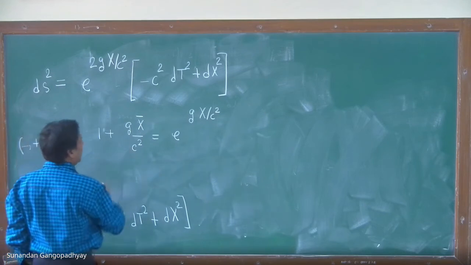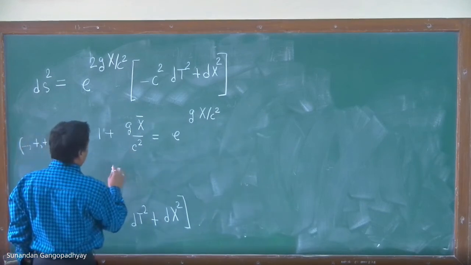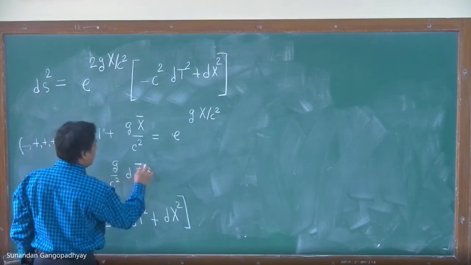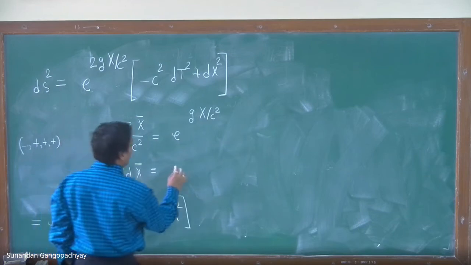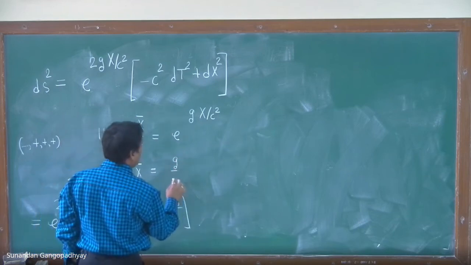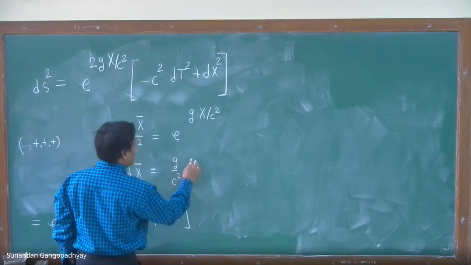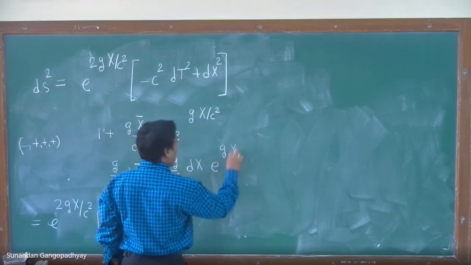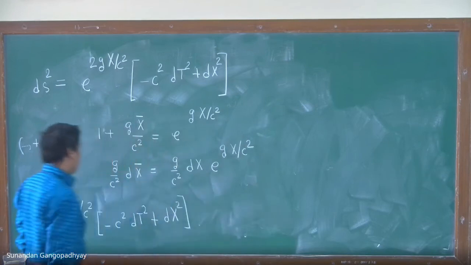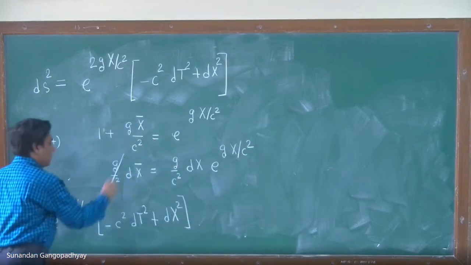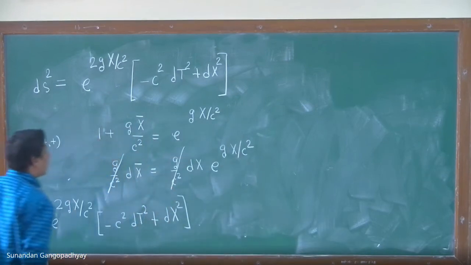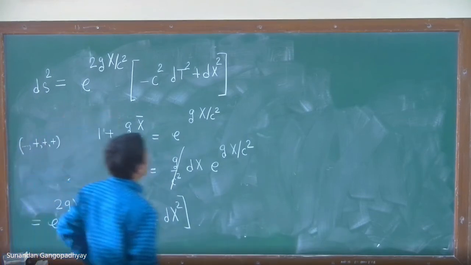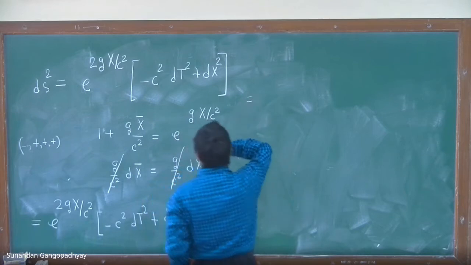you just take a derivative of this. So if you do that, you will get g by c square dx bar, that is equal to g by c square dx e to the power of x. So this cancels on both sides. So you can immediately see that you can write this down in a very nice way.